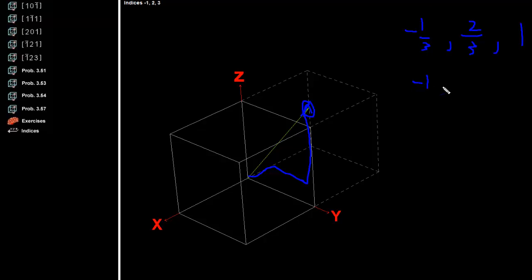Multiply this through by 3 and I get 2. Multiply this through by 3 and I get 3. Then I put it in brackets, remove the commas, and use an overbar for the negative sign. And of course that's a 1 bar, 2, 3.